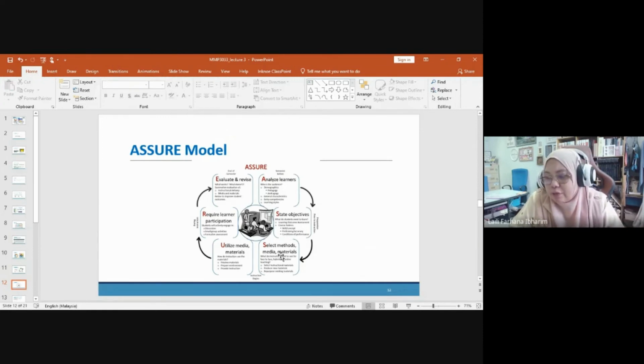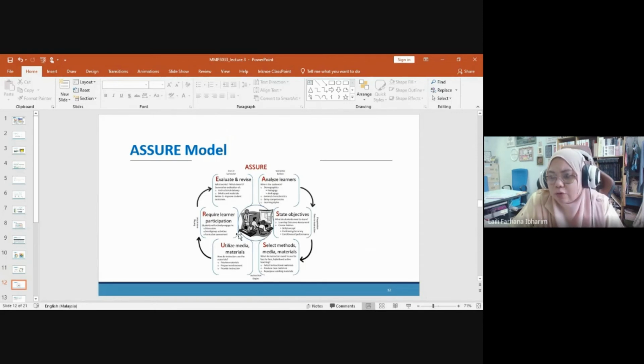And then we select methods, media and materials, especially whether it is okay if we use only video, or only text, or maybe the video and the slides are appropriate enough, and so on. Then we utilize it: we do the preparation, we set up the environment, and then we get the learners' participation.